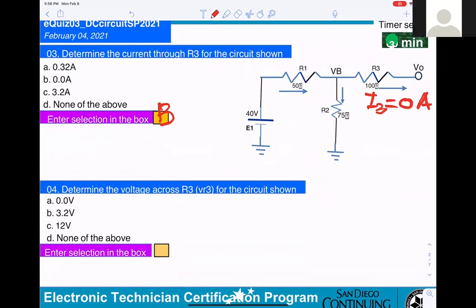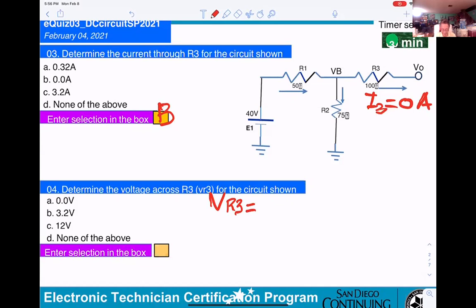And the voltage across R3. VR3, Ohm's law, will be I times R. However, when you say I, you have to know which I: I1, I2, or I3.